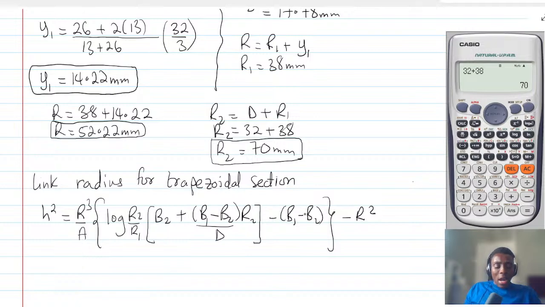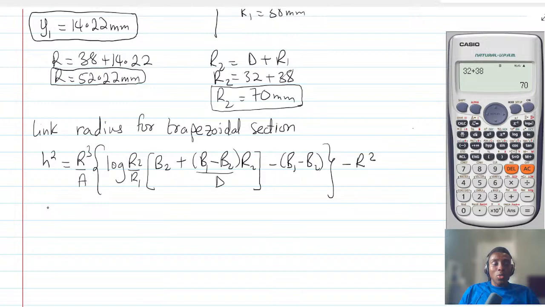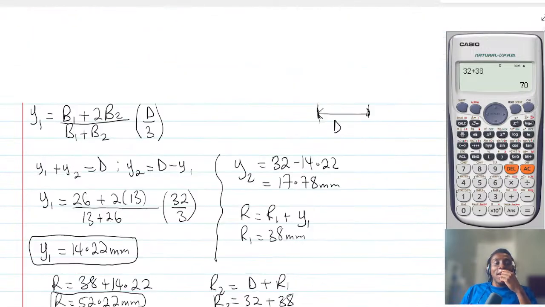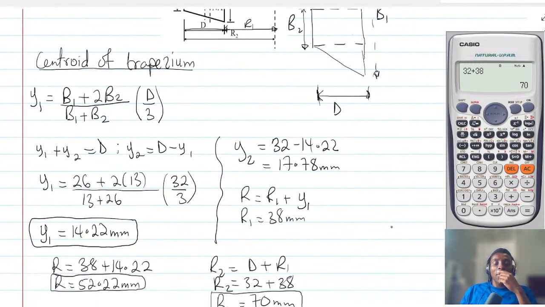Now, we have been able to come up with the equation. So let's put the values inside. So h squared will be r cubed. Now we know r is what? 52.22 cube divided by a. A is what? So a is the area of the trapezium.